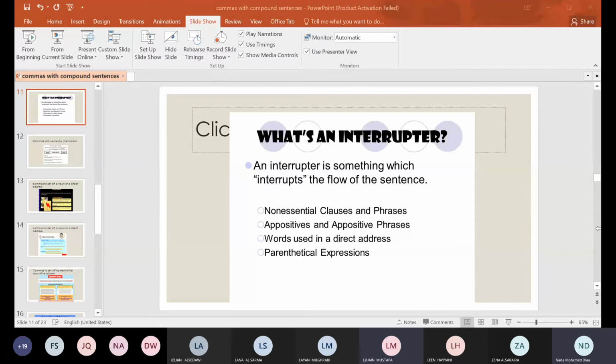Did you know, Sammy? Comma? Yes, I can eliminate Sammy. Here, a direct address. So I can put Sammy between 2 commas.